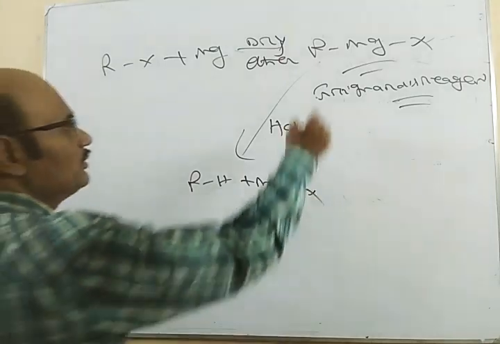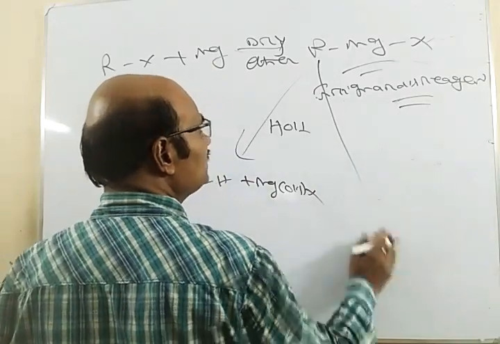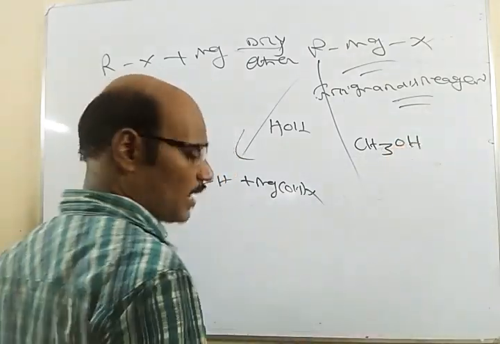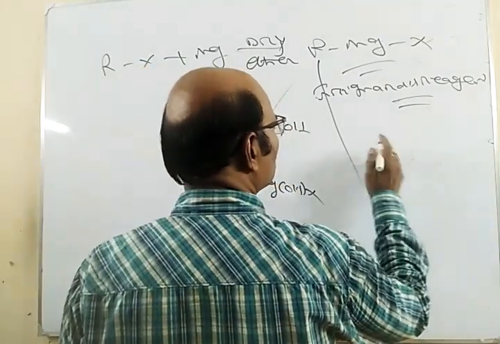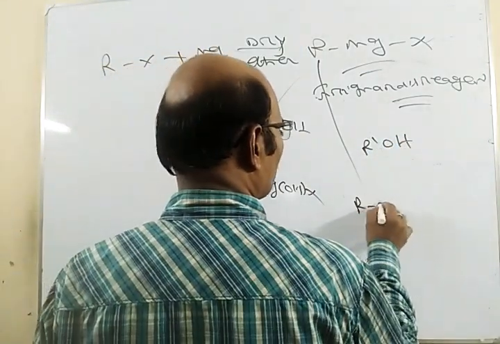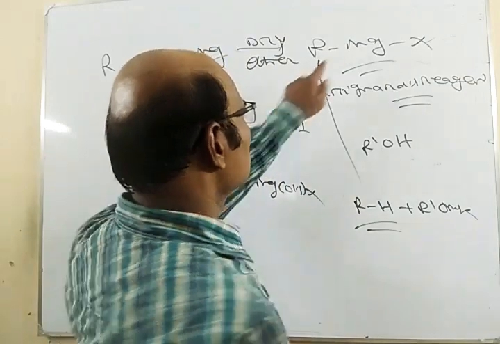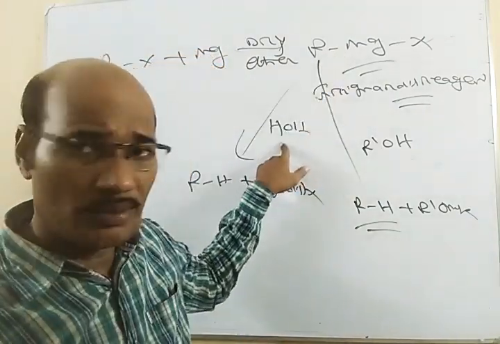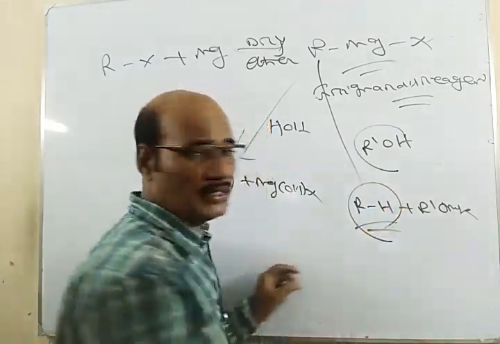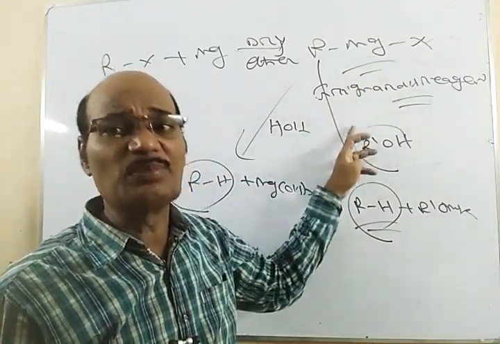Now from this RMgX, if I take an alcohol like CH3OH, R-OH, I will get RH plus the magnesium alkoxide. So on this Grignard reagent, by giving water or alcohol, you can prepare an alkane. Now from this Grignard reagent, by taking aldehydes, you can prepare alcohols.